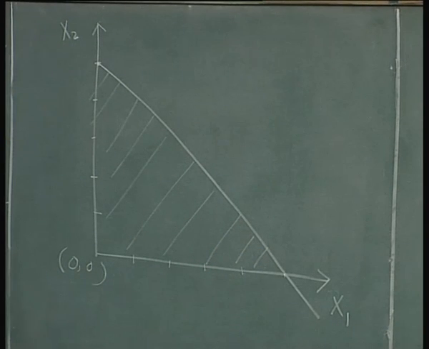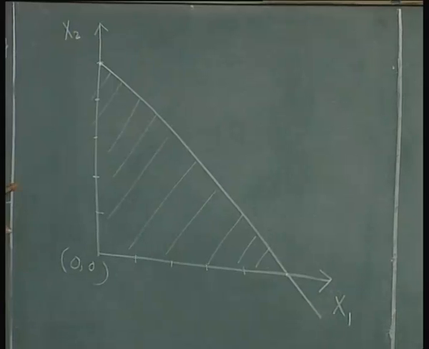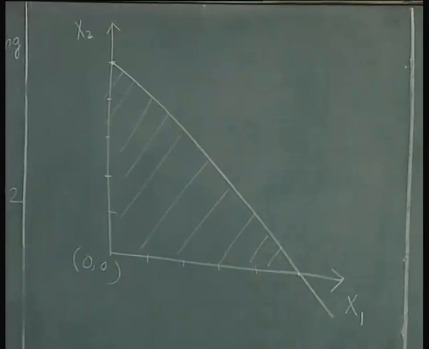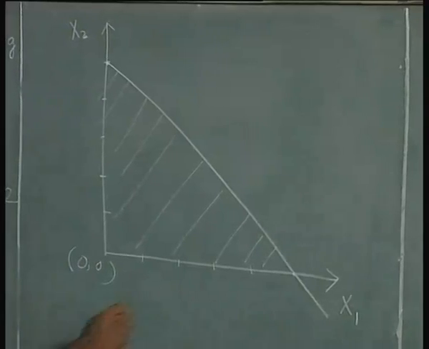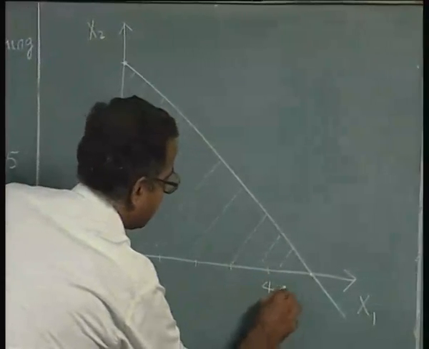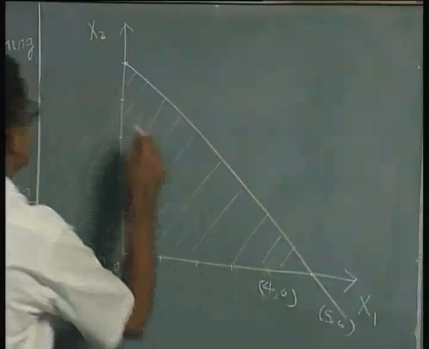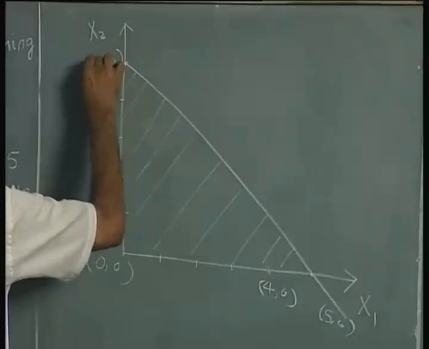Now, we try to plot the other one, 3x1 plus 2x2 less than or equal to 12. So, we first plot 3x1 plus 2x2 equal to 12. So, 2 corner points that we can think of are 4 comma 0 here, this is 5 comma 0, this is 0 comma 5.